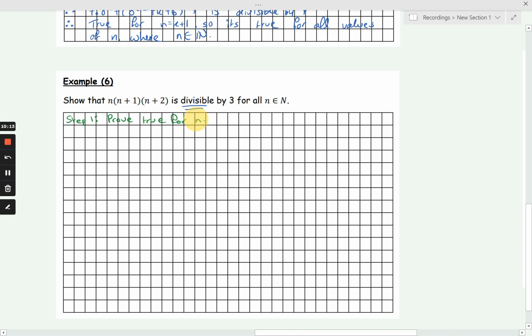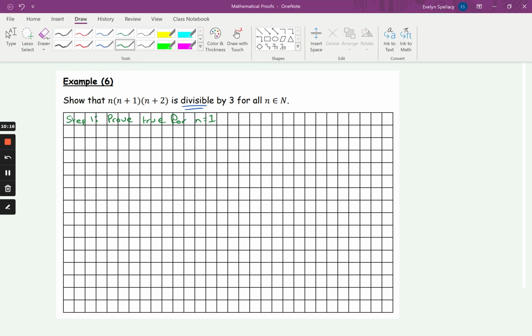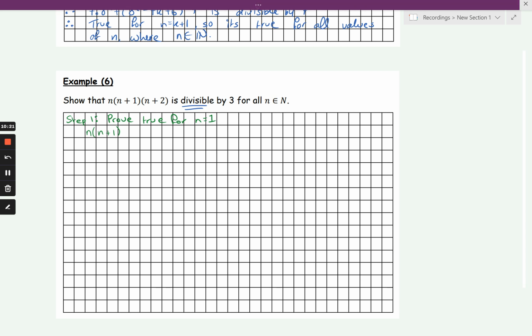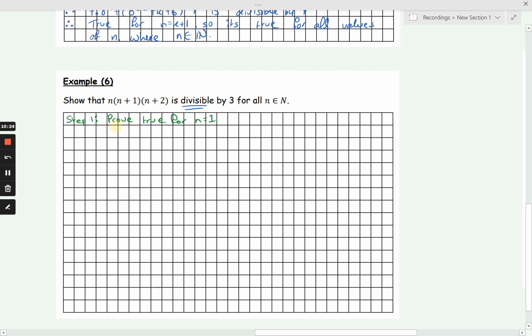Which means we're going to take the expression given in our question, which is n by n plus 1 by n plus 2, and instead of n we're going to sub in 1, which means I have 1 by 1 plus 1 by 1 plus 2, which gives me 1 by 2 by 3, which gives me 6, which I know is divisible by 3 because 3 is one of its factors, so I say therefore true for n is equal to 1.